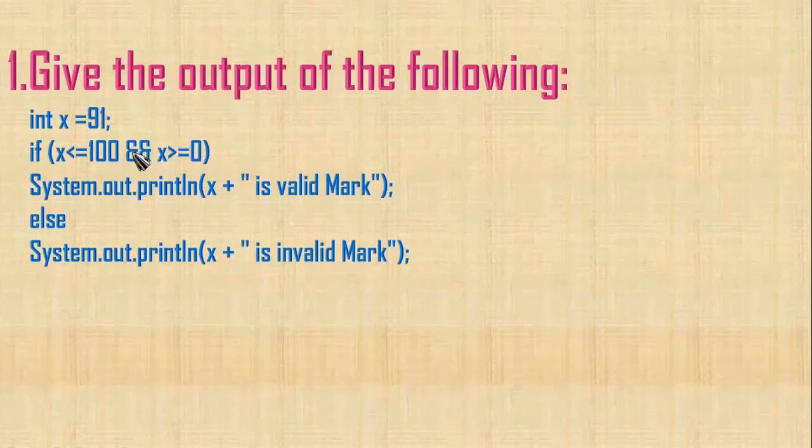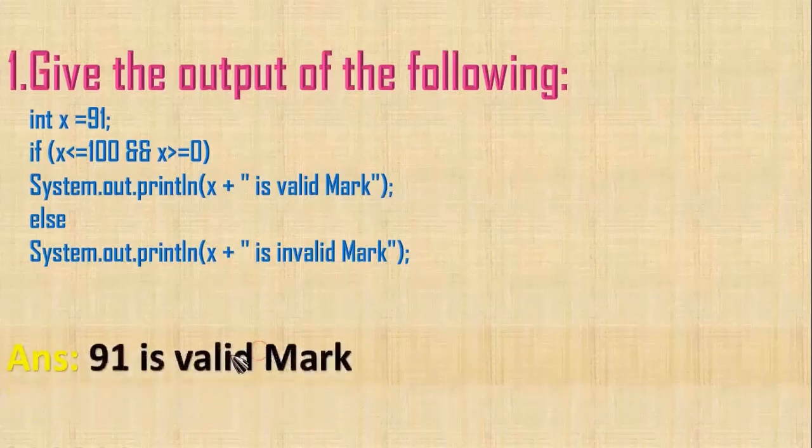When AND is given, both the conditions have to be satisfied, otherwise it will not run. So 91 is lesser than 100, that is true, and 91 is greater than 0, it is true. So when it is true, it will print this message, that is x is 91 plus is valid mark, will be given as the result.